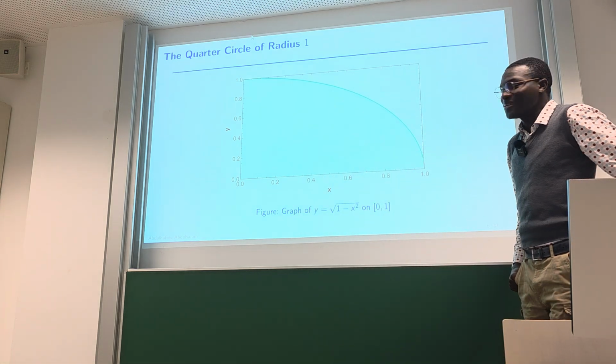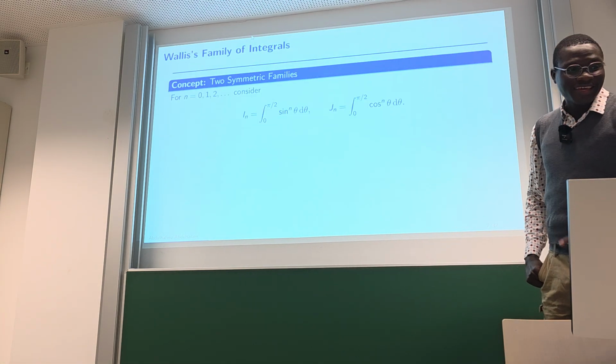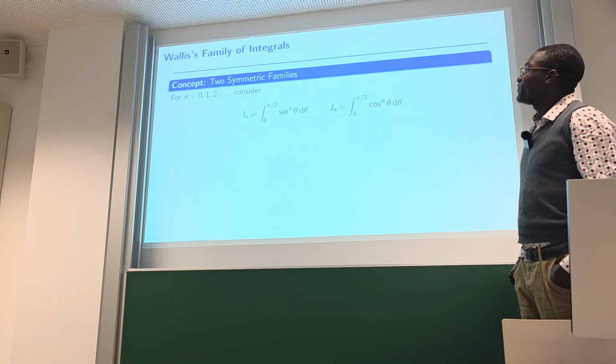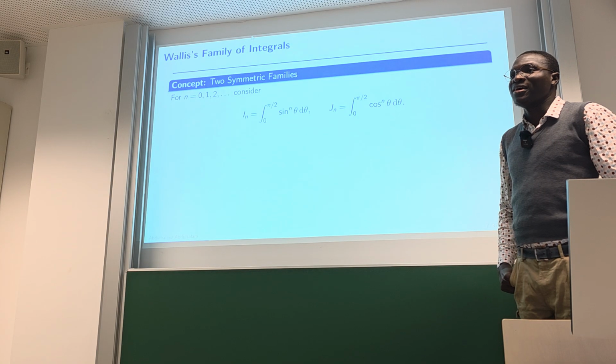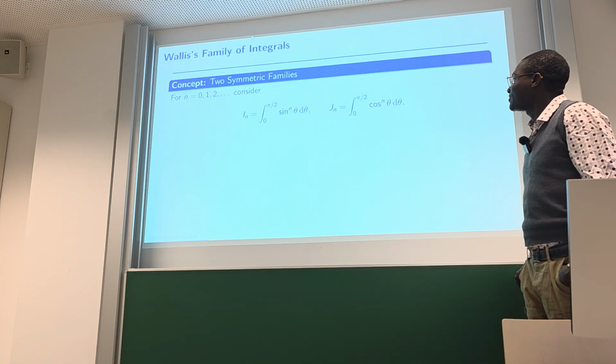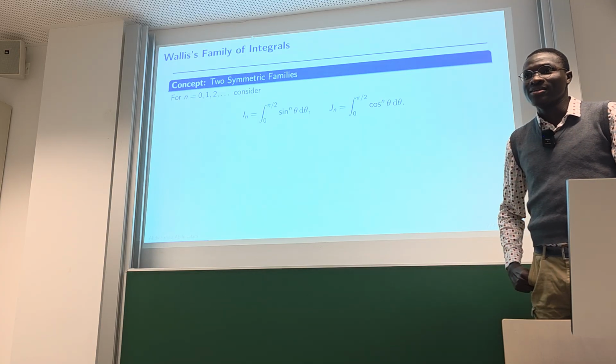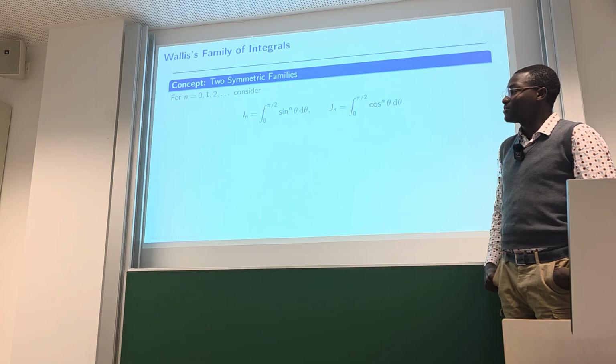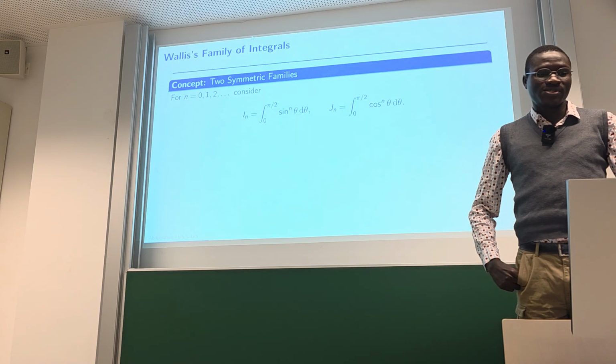It's not essential. Okay, so one could consider two symmetric families, and Alexander asked the question how these two integrals are the same, and we were able to justify that, right? By the substitution pi over 2 minus theta.